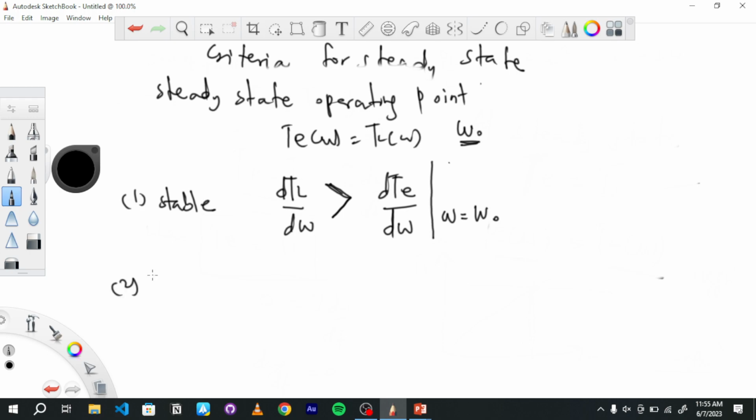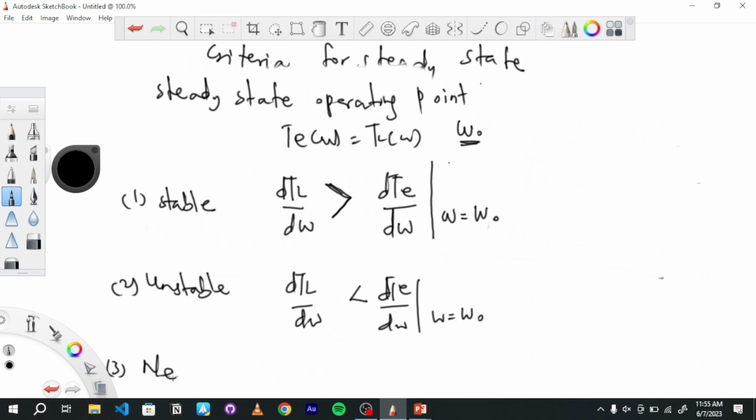It is unstable when dTL/d omega is less than dTE/d omega at the operating point. Finally, there is neutral stability. It means that in the middle, it can almost toggle to stable or unstable with the slightest disturbance.